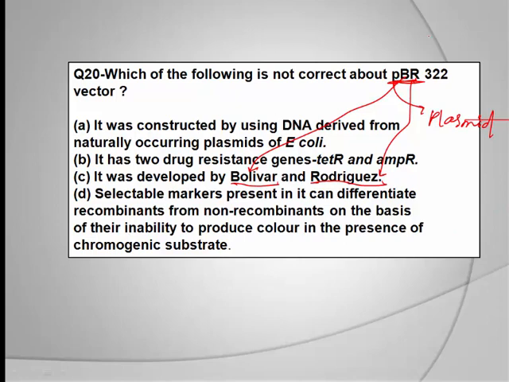The option D statement: selectable markers present in it can differentiate recombinants from non-recombinants on the basis of their inability to produce color in the presence of chromogenic substance.